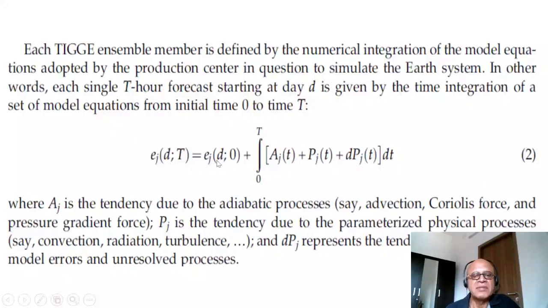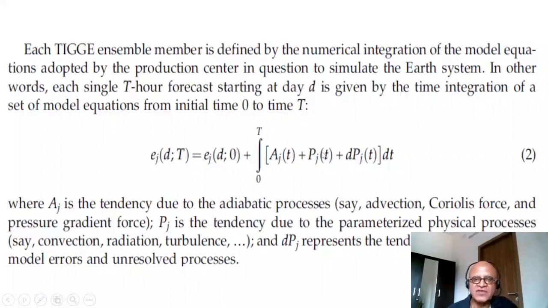So it has some error in the beginning, and this is integrated from 0 to t of this quantity here, Aj(t) plus Pj(t) plus dPj(t), where t is of course time. Aj is the tendency due to adiabatic processes like advection, Coriolis force, pressure gradient force, and so on. Pj is the tendency due to parameterized physical processes like convection, radiation, and turbulence.